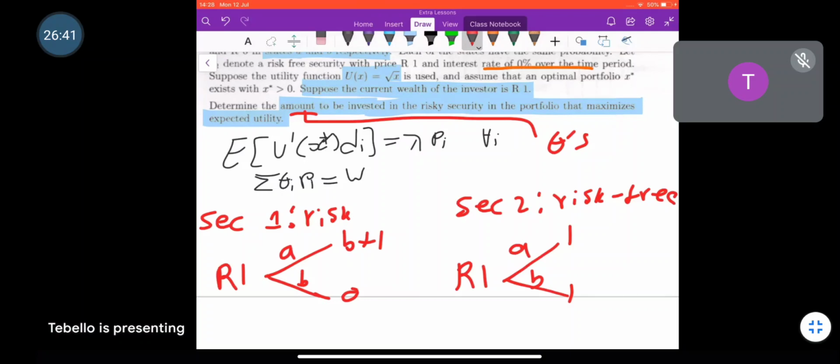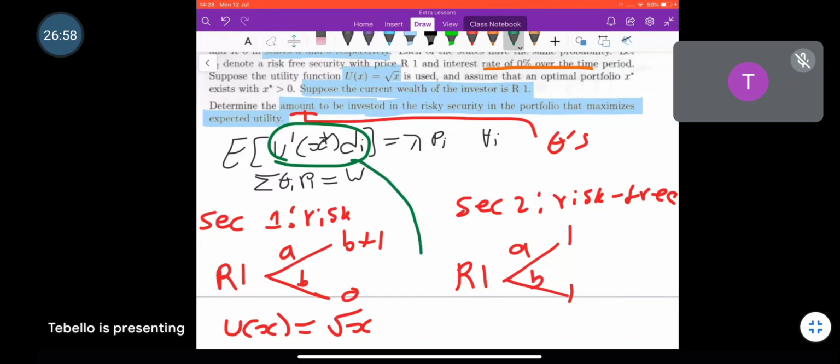So they say that the utility function is equal to the square root of x. We also have the first derivative in our function, so we can just write it down right now so that we don't forget.